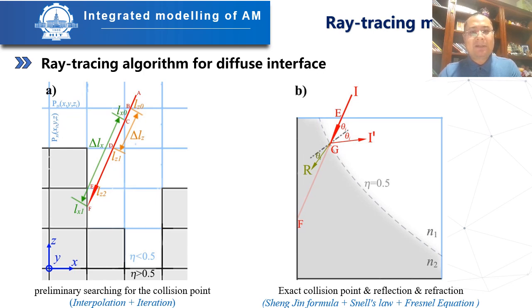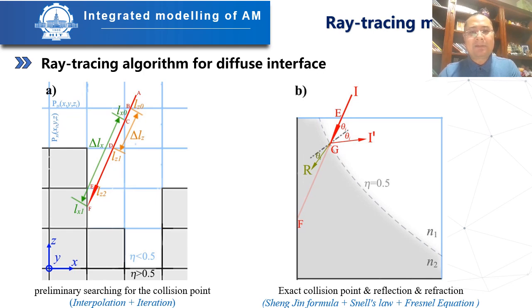The preliminary search concludes upon encountering a solid-liquid interface or extending beyond the simulation region. In Fig A, the collision point is expected to fall between points E and F.